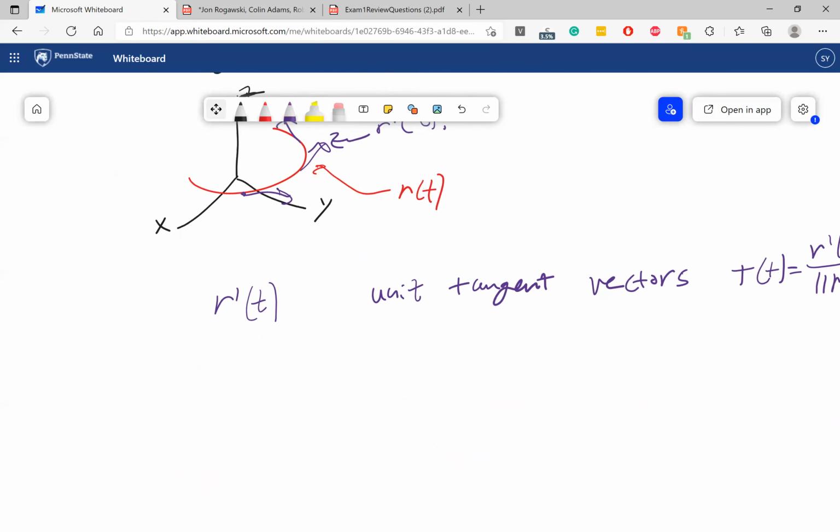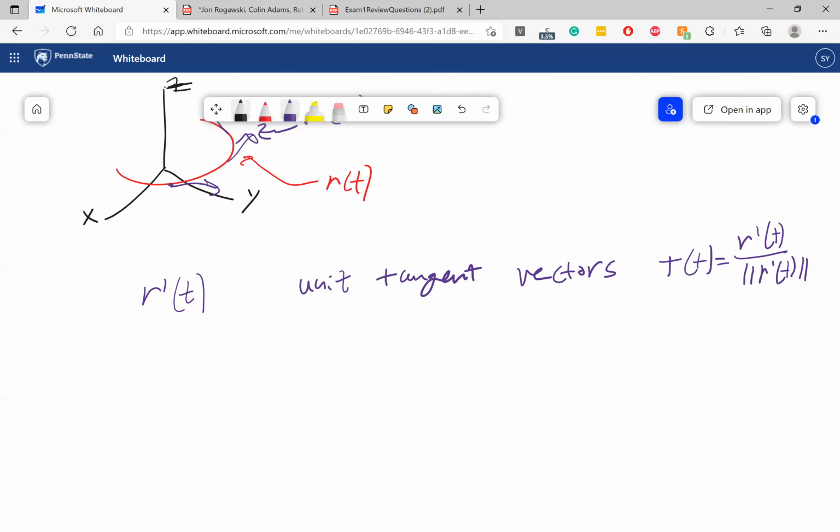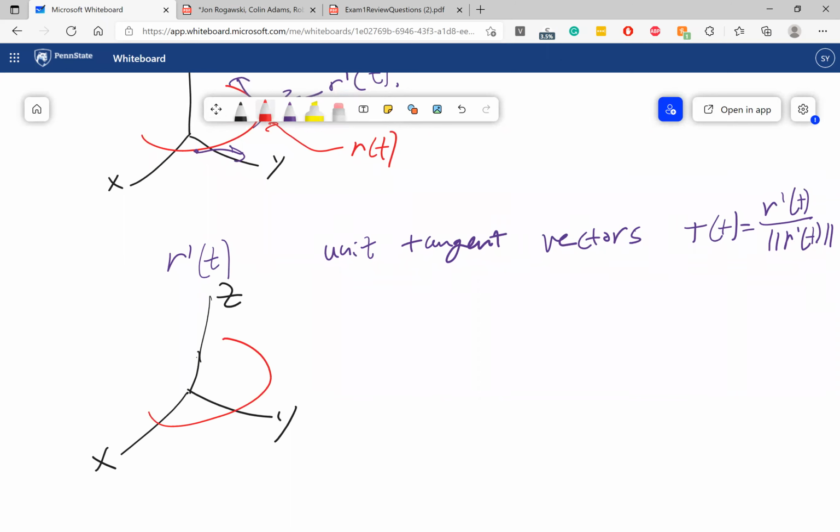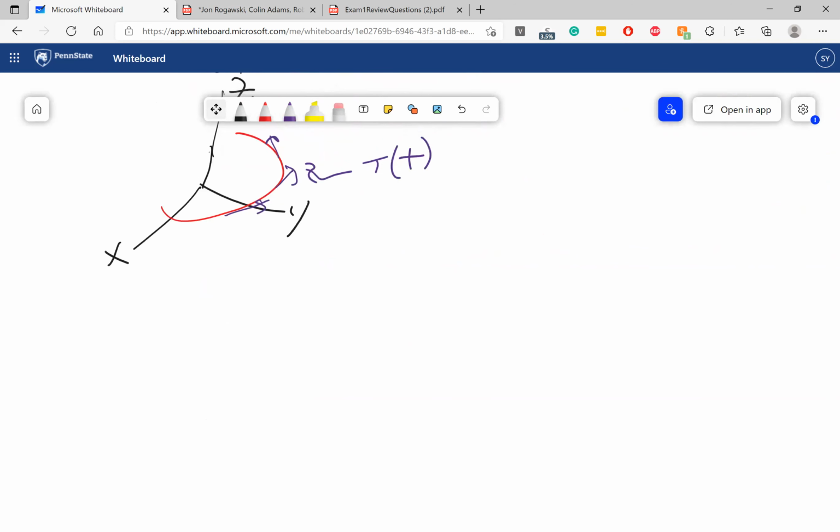So that will give us something like this. So again, we have the same axis. We have the same curve, but now each one of these tangent vectors is going to be the unit vector. So this is T of t. Okay, and then we define curvature in the following way. We say that our curvature K of t, so curvature is defined at every point, at every time.